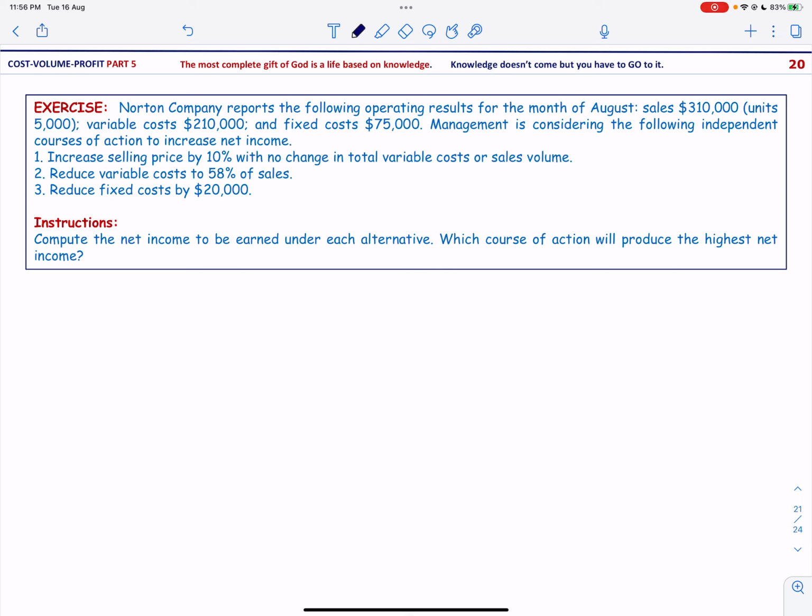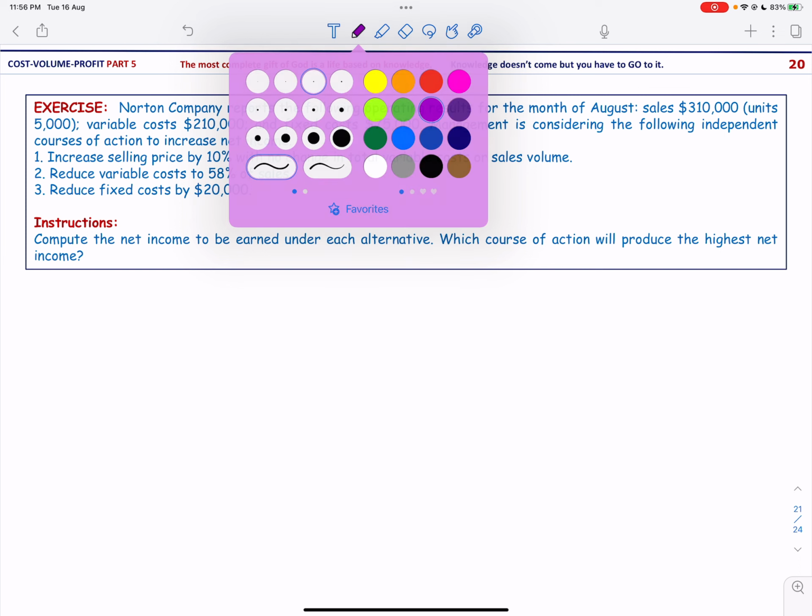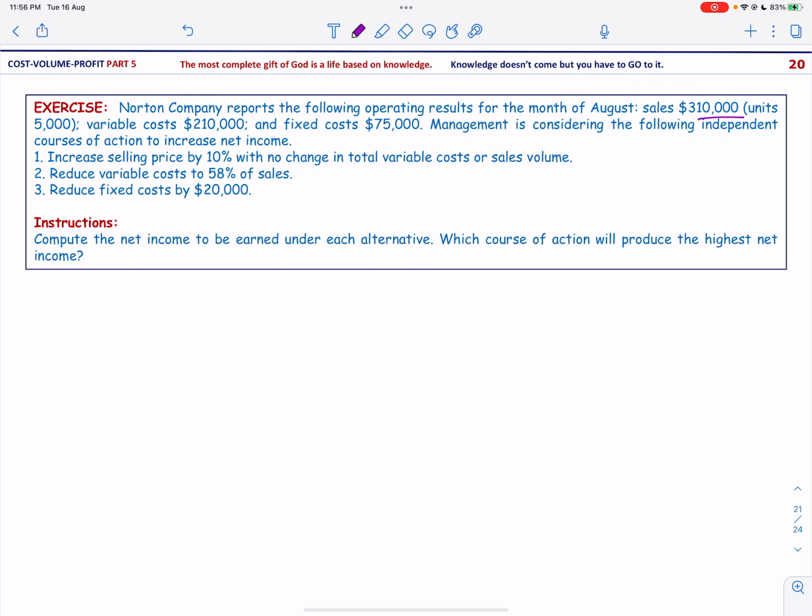We have sales of 310,000, this is the sales in dollars, and they are selling 5,000 units. Variable cost is 210 and fixed cost is 75. Management is considering the following independent courses of action to increase the net income.